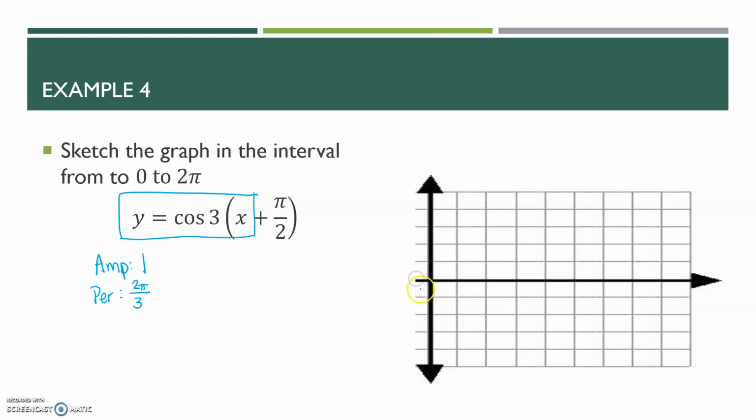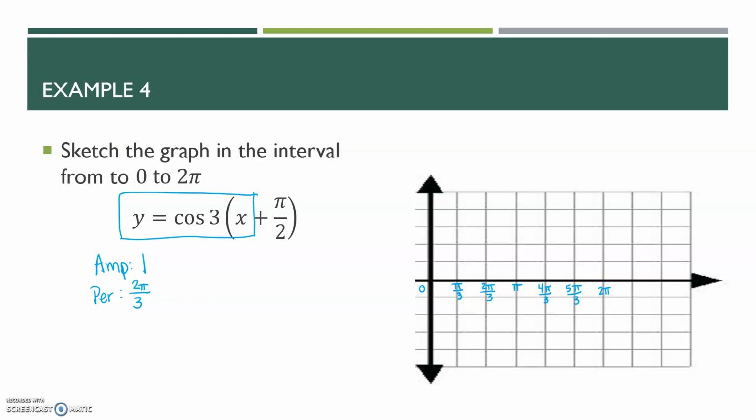Oops, let me put that lower. I'm going to count by thirds again, so it'll look just like the last one. 4 pi over 3, 5 pi over 3, and 2 pi.